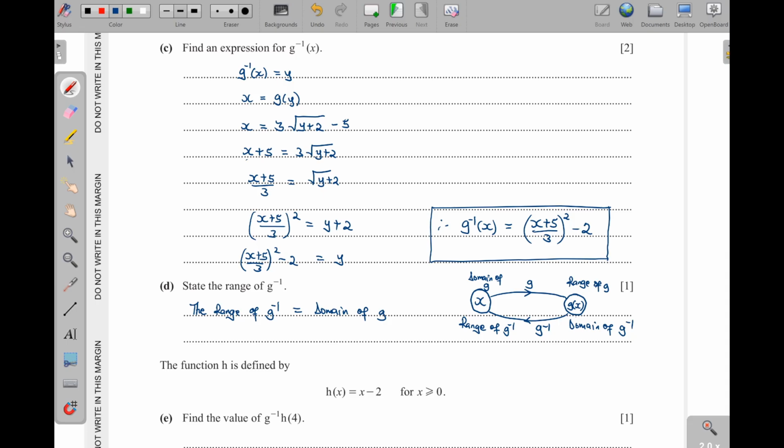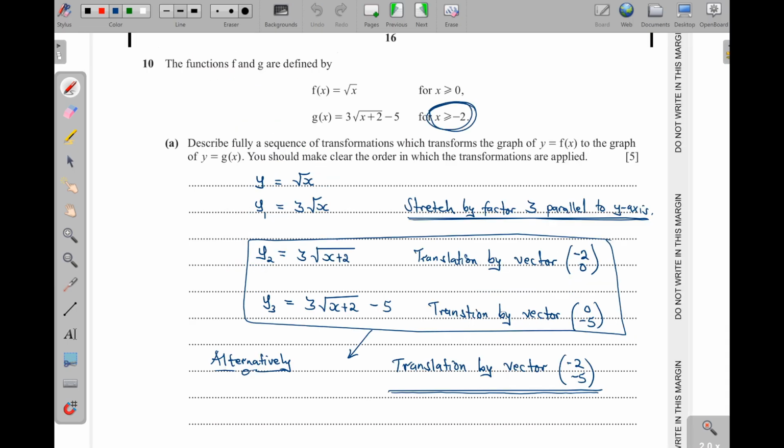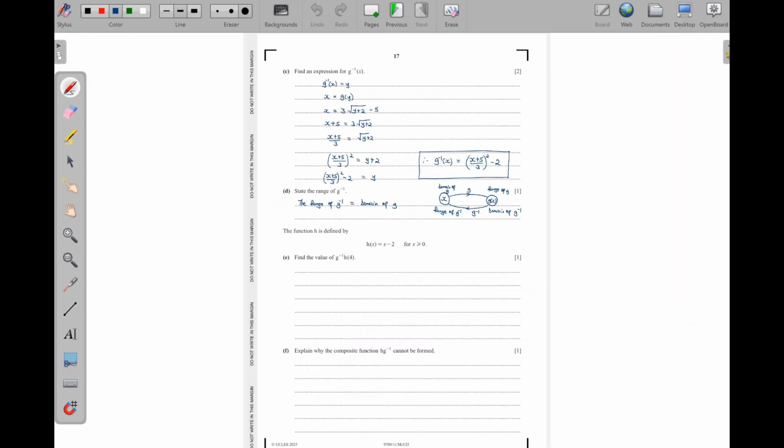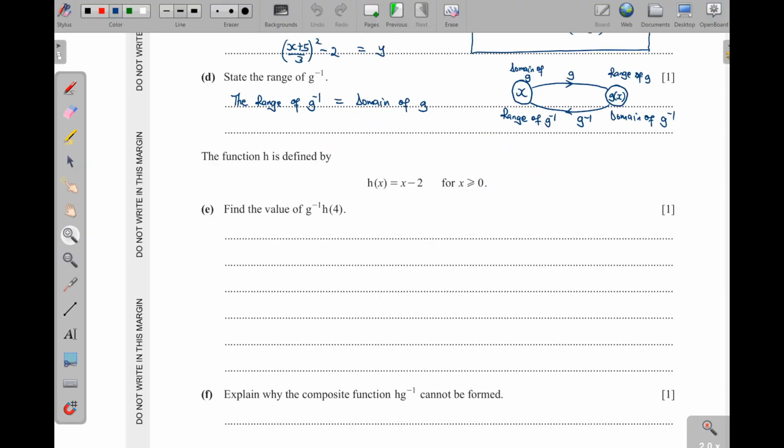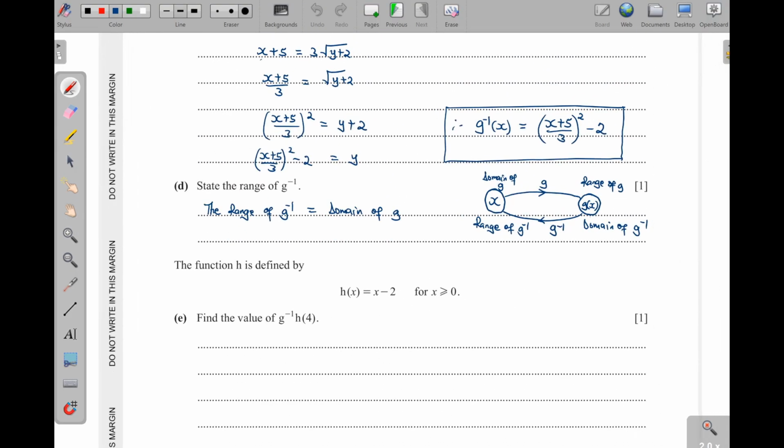The function. So this is the domain of g: x greater or equal to negative 2. Now, I'll go back here and then I write that x which is greater or equal to negative 2, but it has to be written in terms of the g inverse. So I don't write this. When you write this, you're wrong. You write g inverse of this one.